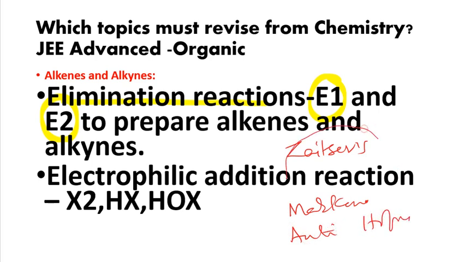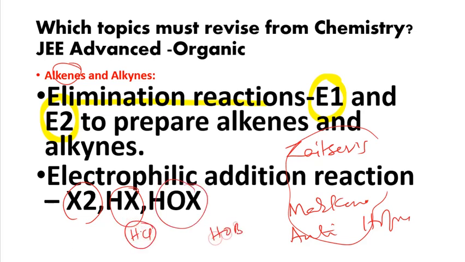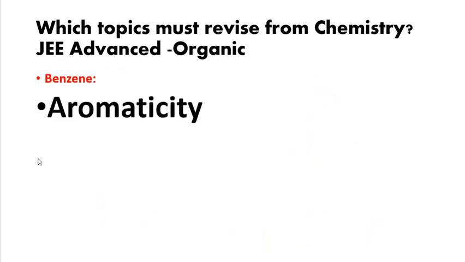Okay, just focus on all these important rules. And here we may be given electrophilic addition reactions on alkenes, mostly with halogens or simply HX, that means acids. Okay, or HOX like HOBr or HOCl, like that. Okay, just focus on them.